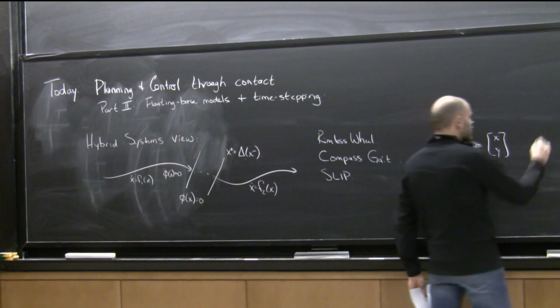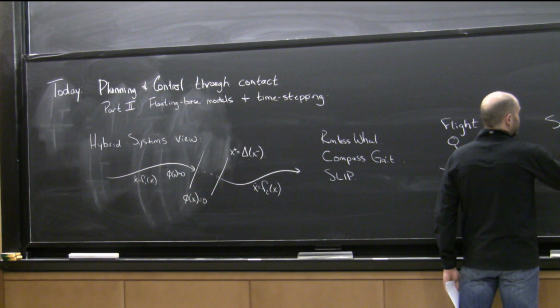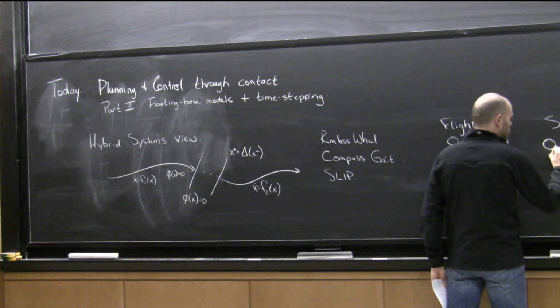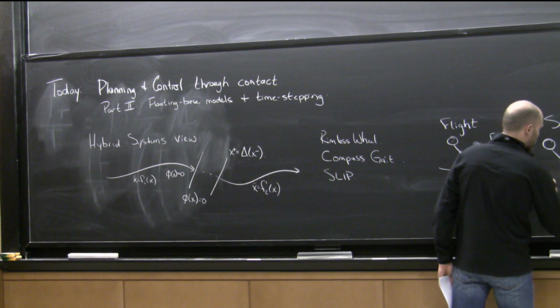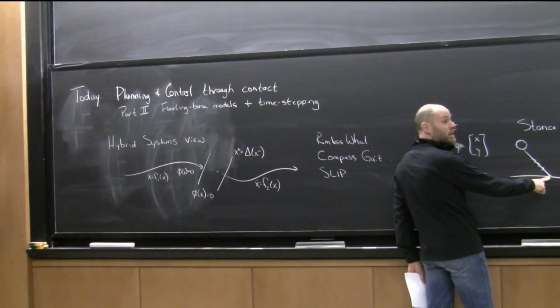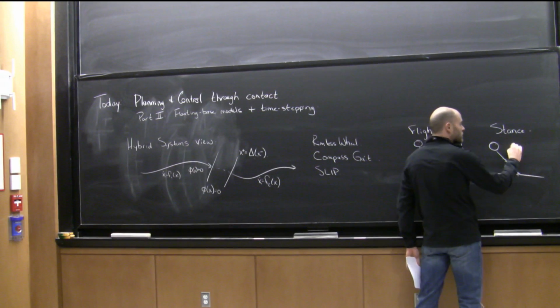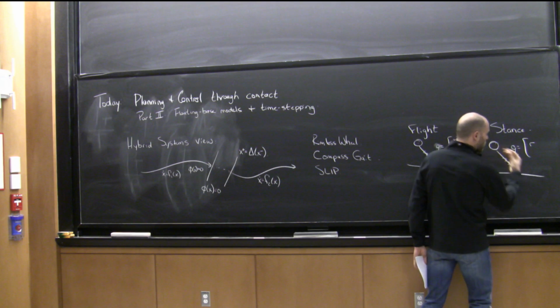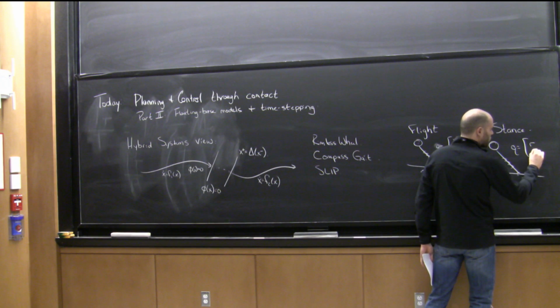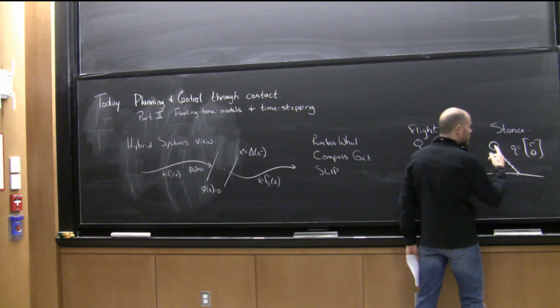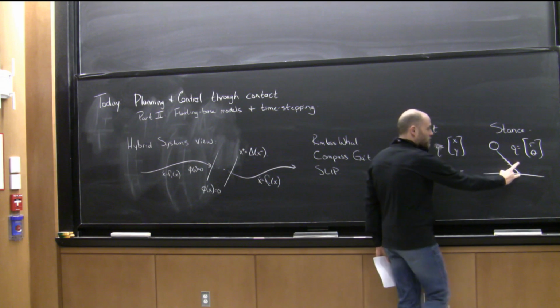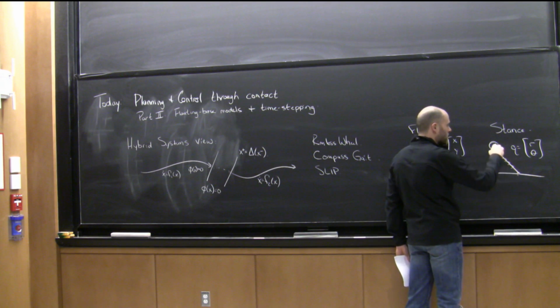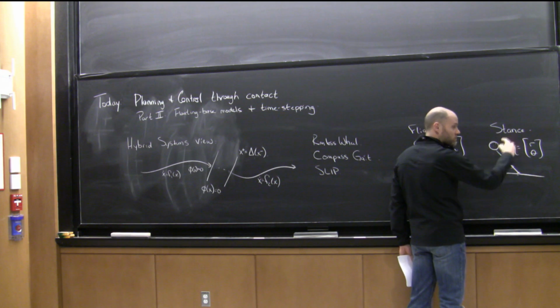And in the stance phase, we suddenly had a pin joint at the base, and we were able to think about the dynamics in terms of the polar coordinates of the leg, r and theta, and from that, knowing that this was pinned at a particular place, the x, y position comes just out of polar coordinates.